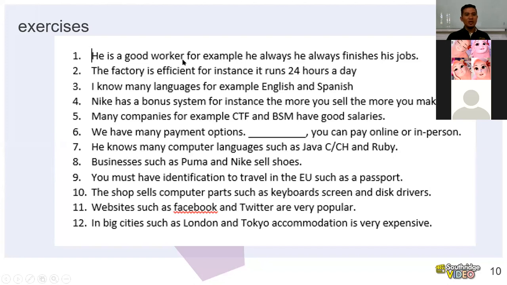He is a good worker, full stop. And then here should be a capital letter. You have to capitalize the letter F here. The F must be a capital letter. He is a good worker, full stop. For example, comma, he always finish his job, full stop.